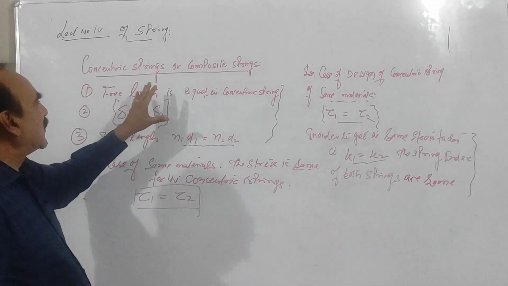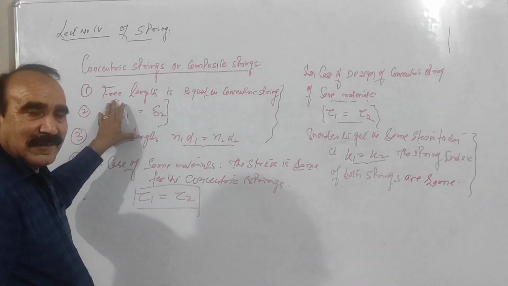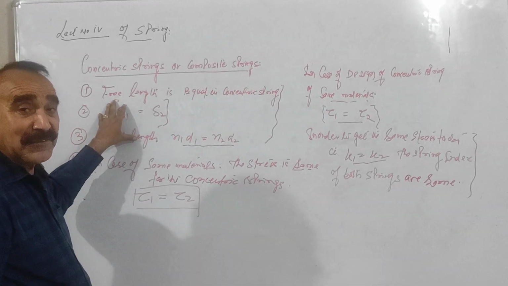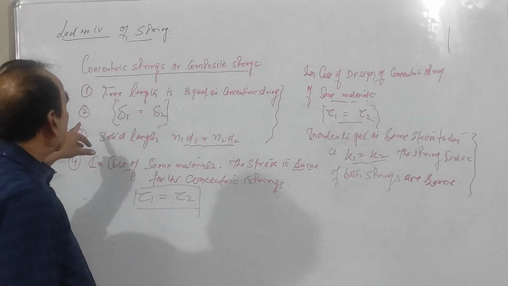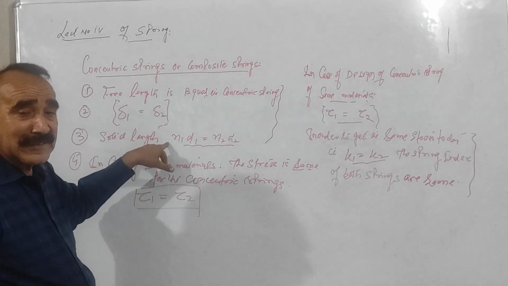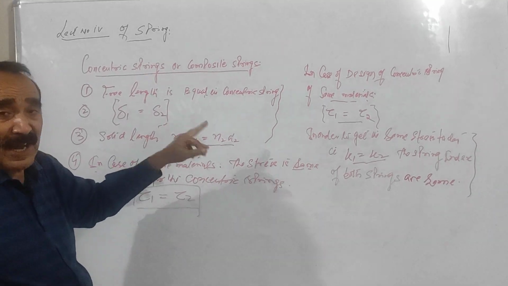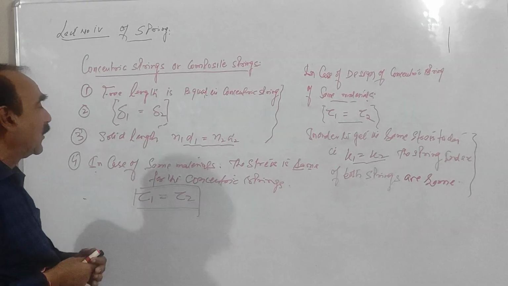The free length is equal in a concentric spring. They are compressed equally, so delta 1 is equal to delta 2. The solid length of the concentric spring or composite spring is also equal, that is N1 D1 is equal to N2 D2.